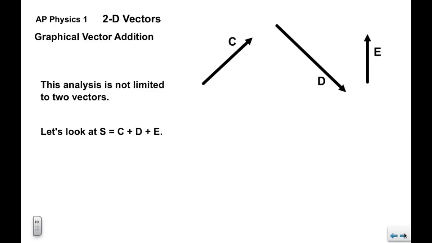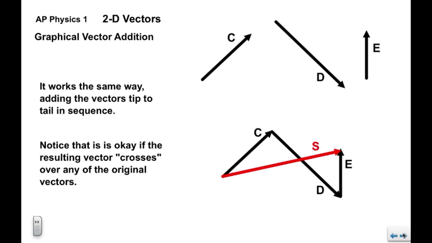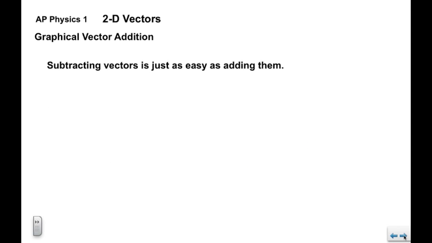Let's say that we're going to have vector S, and that's equal to vectors C plus D plus E. We do it the same way. We put C first, put D on the end of C, put E on the end of D, and the result, S, is where the first vector began to where the last vector ends. It's okay if the resulting vector crosses over the combined vectors. There's no problem there.